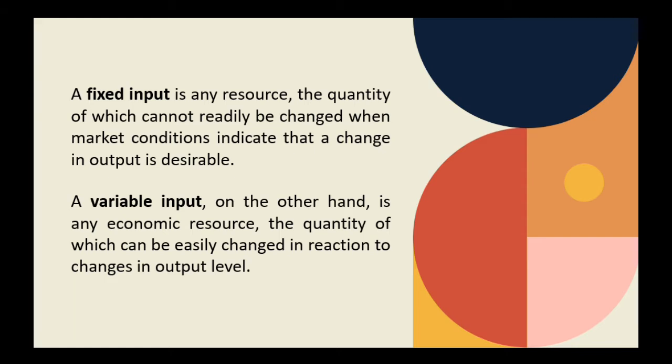Conversely, the long run is a period of time so long that all inputs are considered variable. So the long run is therefore known as the planning horizon. This is because in the long run, the firm can build new plants or purchase new machinery instead of just hiring additional labor or increasing the purchase of raw materials.